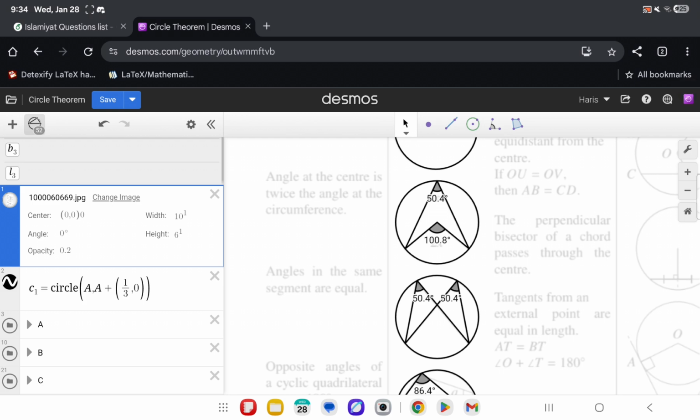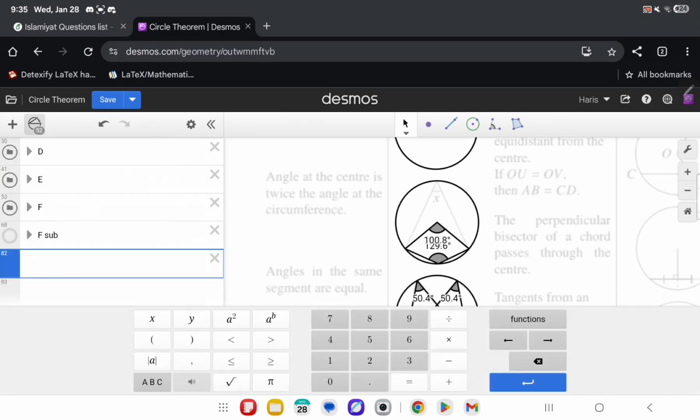For example, in this diagram and in the notes, the angles are facing downwards. Some diagrams may have it to the side, some may have it up, but it's generally the same. Just rotate your question paper to see it.